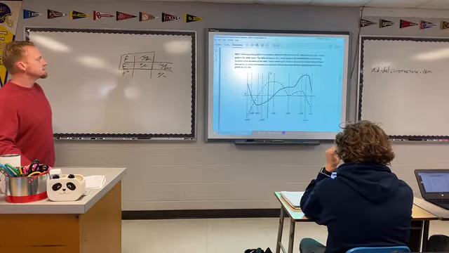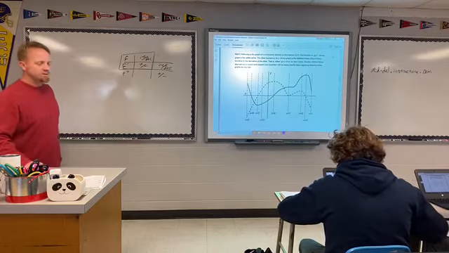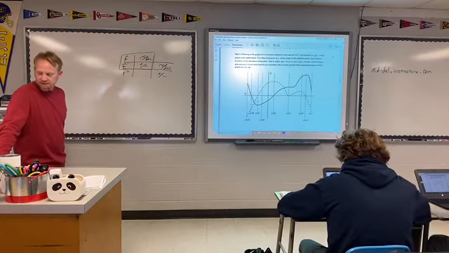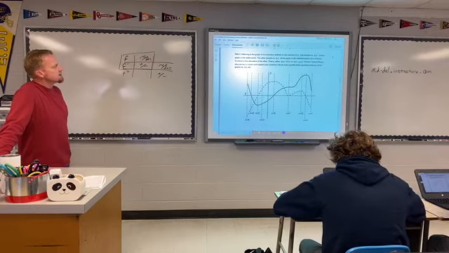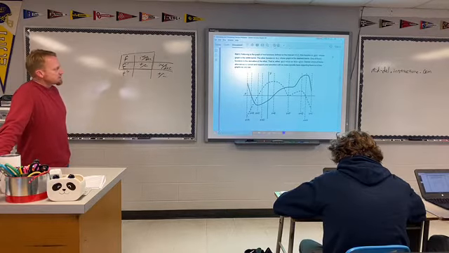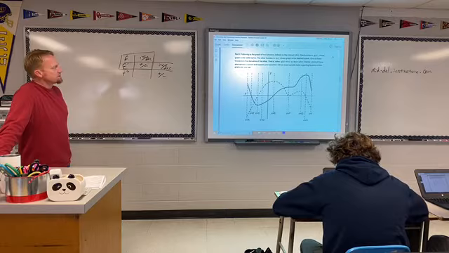All right, now let's see what we got here. Let's see who's on top of it today. The following is a graph of two functions defined on the interval from A to I. One function is g of x, whose graph is a solid curve. The other function is h of x, whose graph is a dashed curve. One of these functions is the derivative of the other.